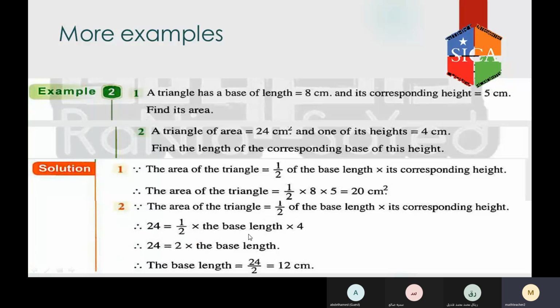We needed to get the base length. The base length equals 24 divided by 2, because half times 4 equals 2. Then the base length equals 24 divided by 2, which equals 12.